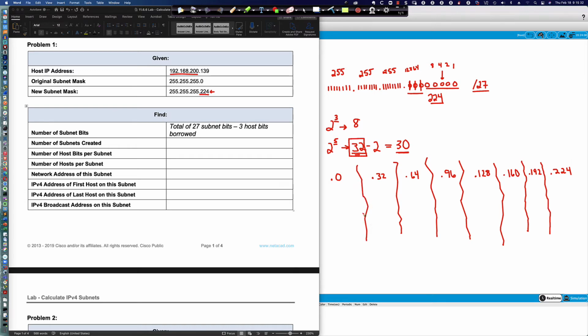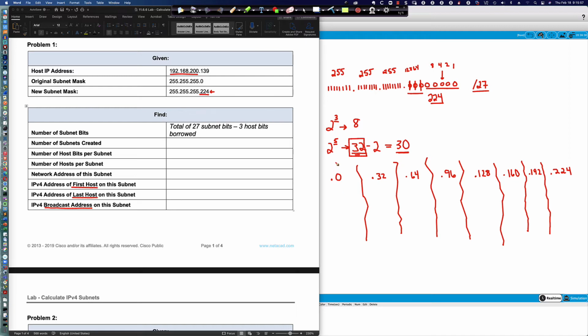So now the question becomes, okay, well, that's great. What about the broadcast address? Because obviously they're going to ask me for the first usable IP, the last usable IP, and the broadcast address for the subnet in question. And again, when you draw it out like this, it's very simple and straightforward.